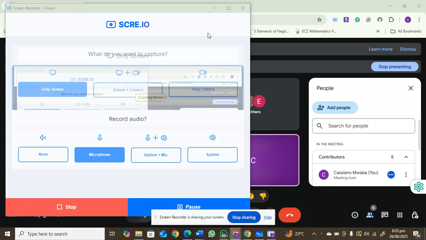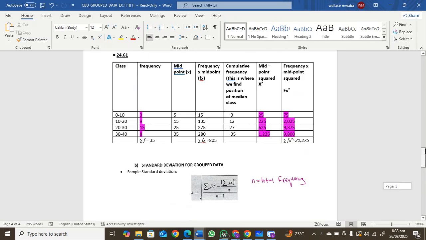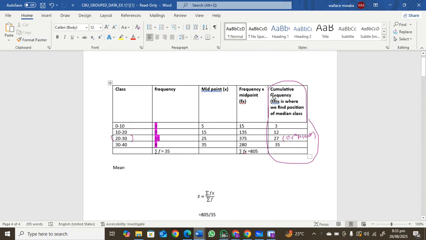Okay, so we're looking at how we can calculate the lower and upper quartile for grouped data. So we're still dealing with this question here. We've got these classes, and this is the frequency here.